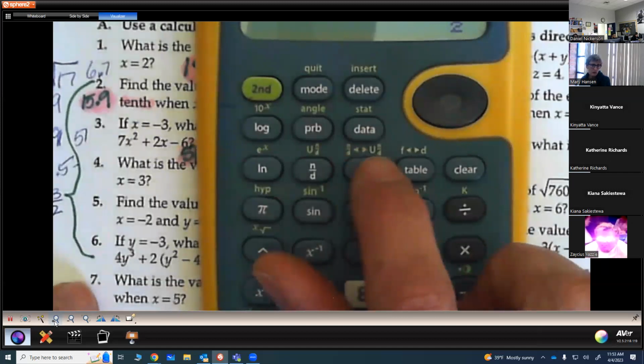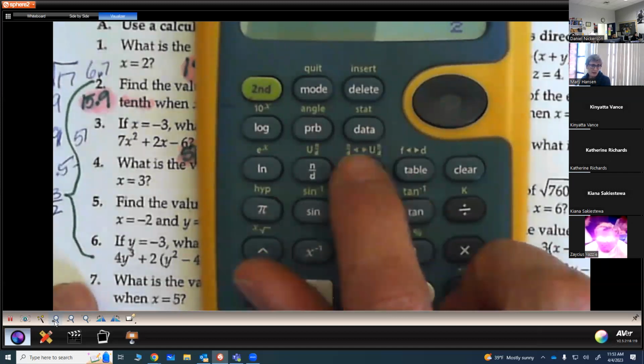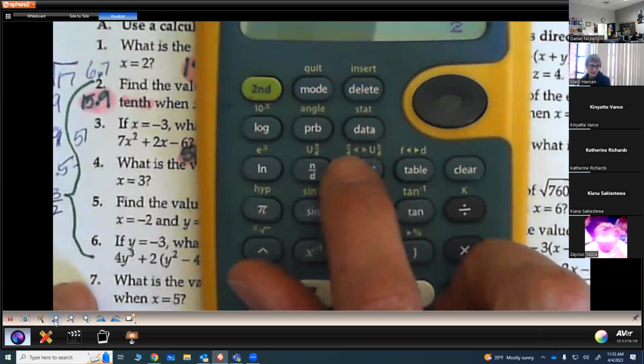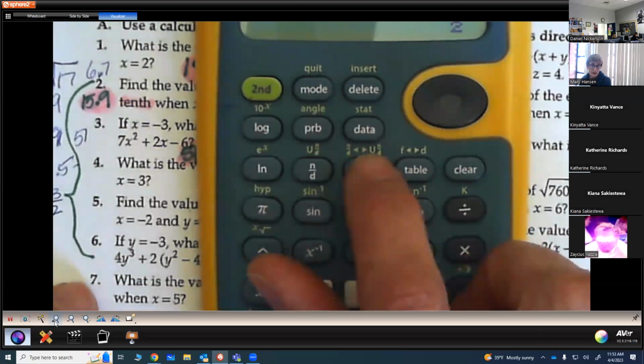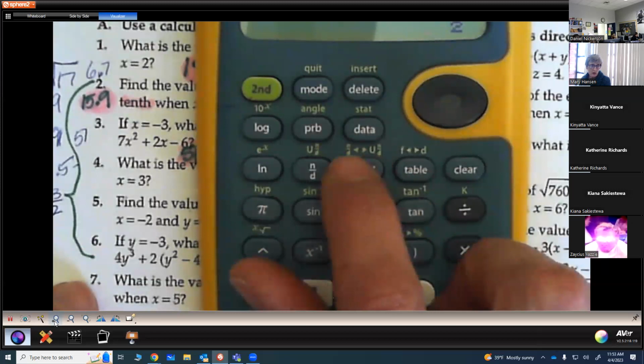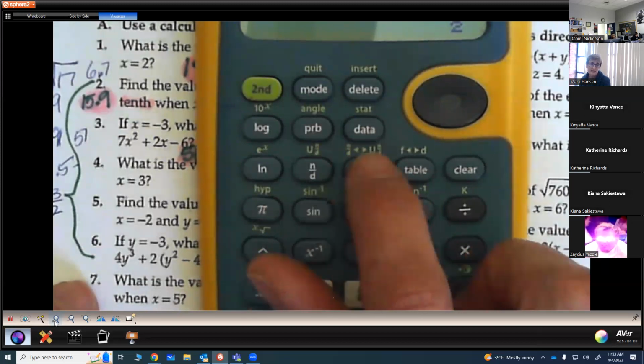So that means it'll go back and forth between a fraction and a mixed number, meaning a fraction like 33/2, or a mixed number, meaning like 16 1/2.